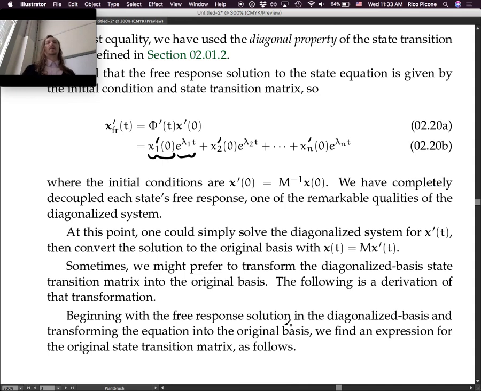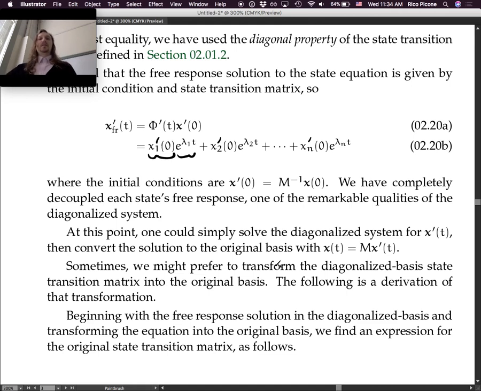At this point, one could simply solve the diagonalized system for x prime. If you only cared about the free response, then this is the expression for it. But if you care about the forced response, you have to use phi prime again and plug it into the formal expression, but that would be pretty straightforward to do.